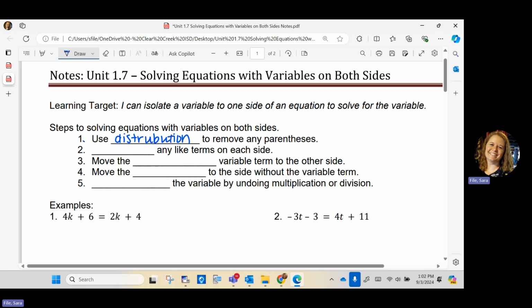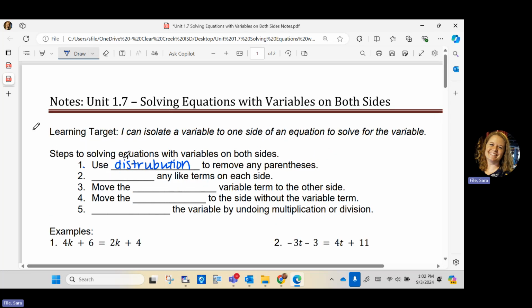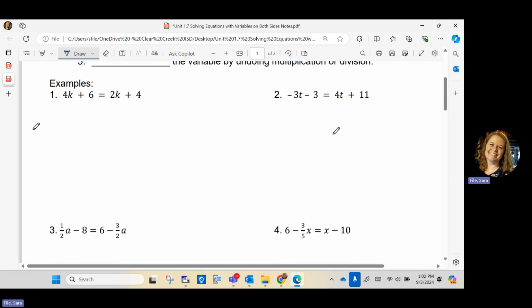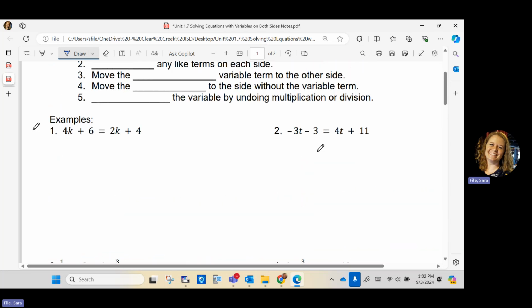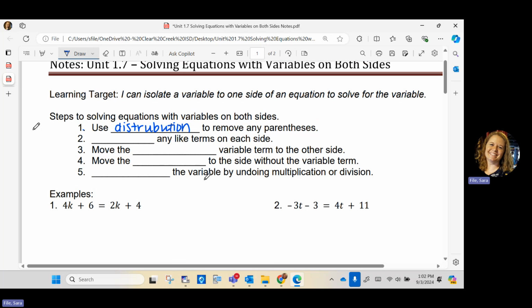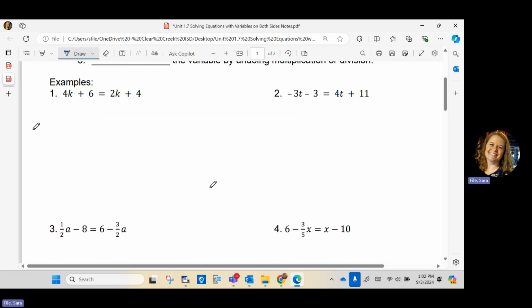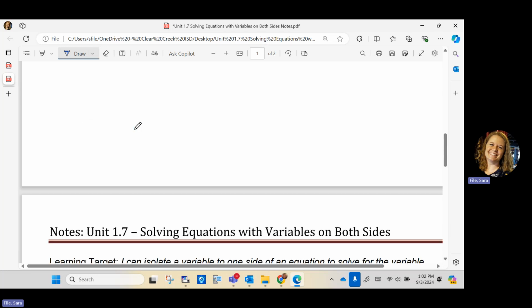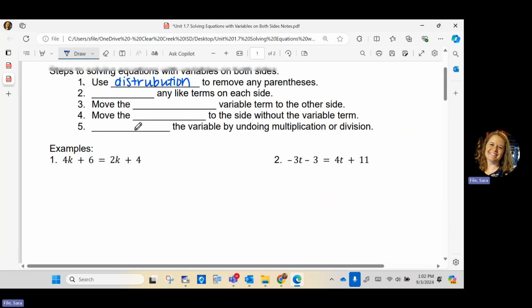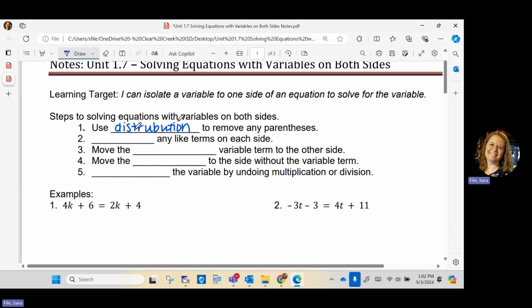If you look down at some of these examples below, these first couple, there's no parentheses on any of these on the front. So that step 1 isn't going to come into play here on the front. If you flip over to the back, you'll see some parentheses. We'll have to take care of that then. But sometimes there will be parentheses and you need to distribute first.